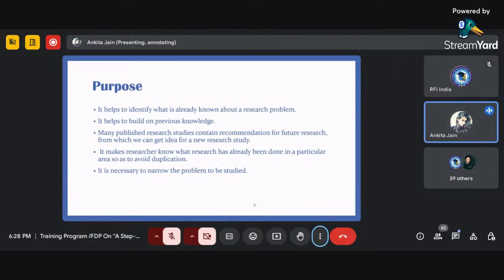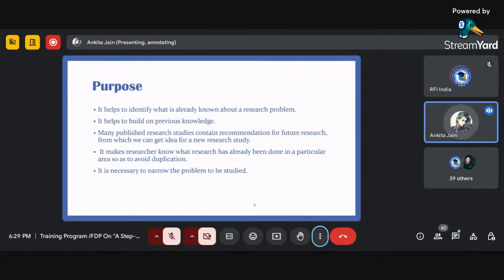Then it helps to build on previous knowledge. People who read a lot, like novels or news, or watch television for the news, or use their mobile phone for reading current affairs, always have good knowledge and a good vocabulary.